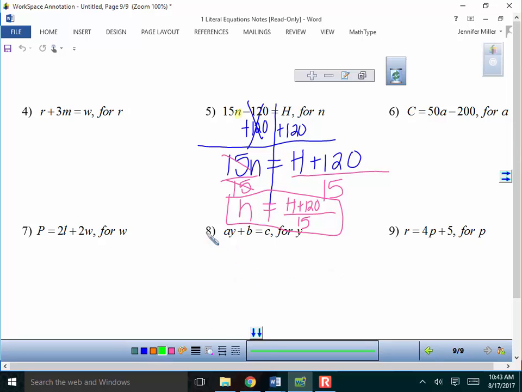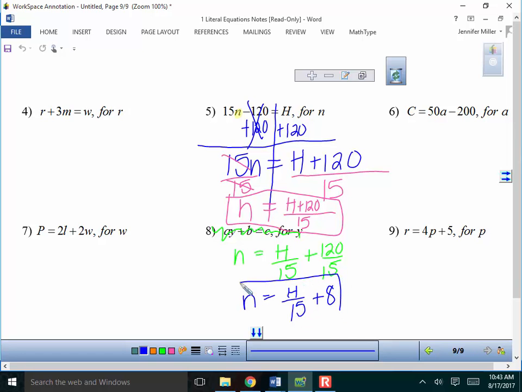You could simplify this as n equals h over 15 plus 120 over 15, which would give you n equals h over 15 plus 8. I would accept either one of these answers, this one in blue or this one in pink.